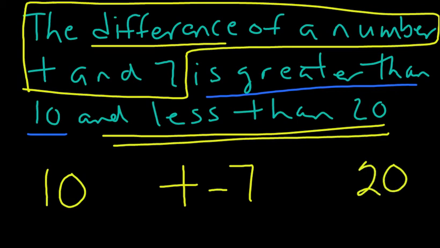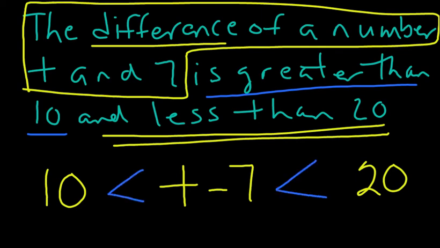Now, you've got to figure out which way you're going to point the greater than or less than signs. Let's see what it says. It says this answer, whatever this is, is greater than 10, it's bigger than 10, and it's less than 20. So, it goes like this.